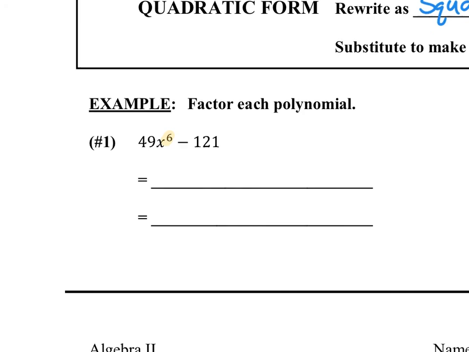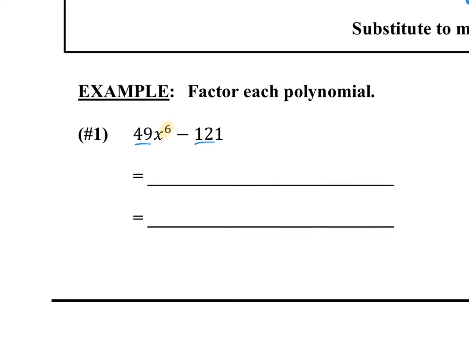So like down here, we have 2 perfect squares. So how I would rewrite this is the square root of 49 is 7. And if we take x to the 6th and break it into 2 groups, those groups would be x to the 3rd. So this is really 7x to the 3rd squared minus 11 squared. Now we have a difference of 2 perfect squares.